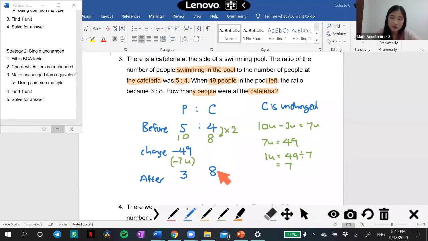We made it equivalent before and at the end. So you just need to find 8 units. Here, 7 times 8, because the people in the cafeteria is unchanged. So your final answer is 56. Okay, this is for cafeteria.